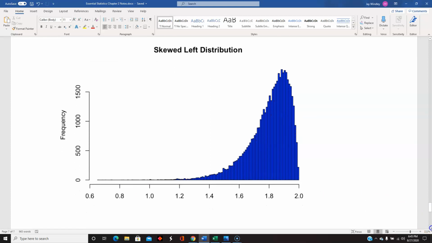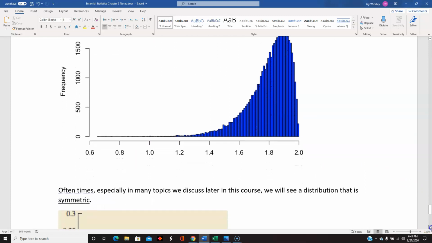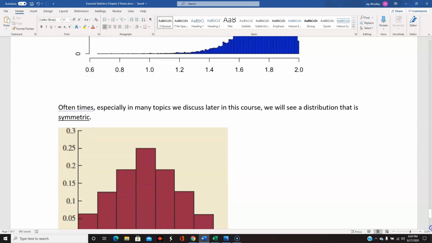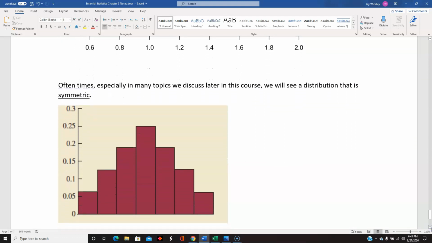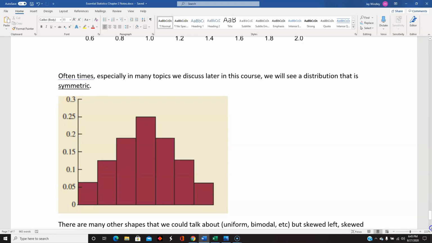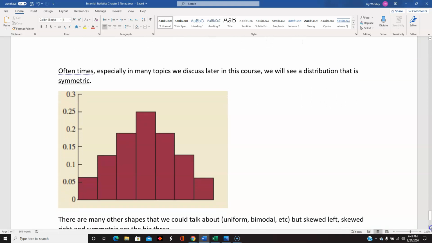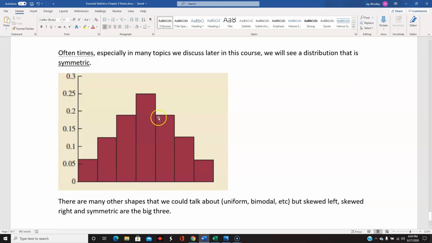And then finally, especially later on in the class, chapter 6, 7, 8, and 9, we see data a lot that looks symmetric. And usually when it looks symmetric, this is the type of symmetric shape that we see, with a whole bunch of data in the middle and a little bit of data going out in this direction and a little bit of data in this direction, but the majority of the data piled up near the middle.